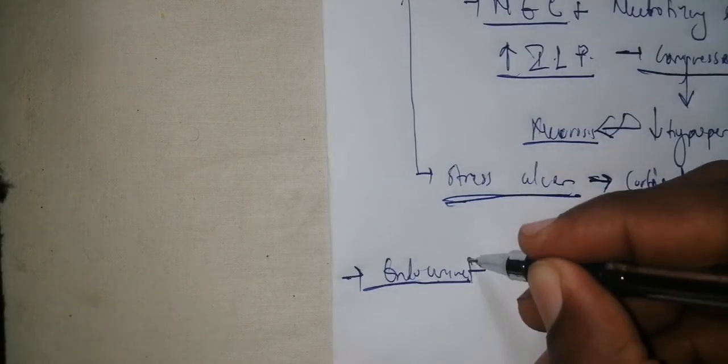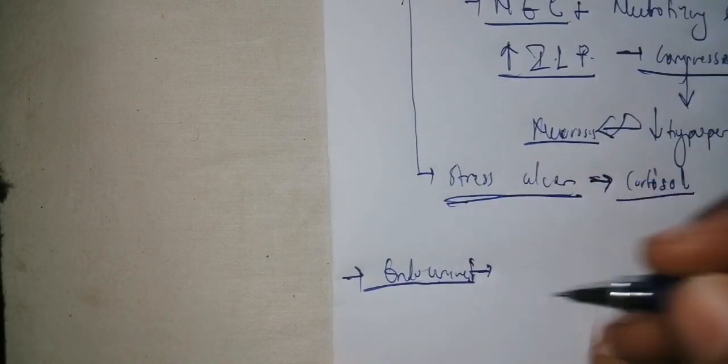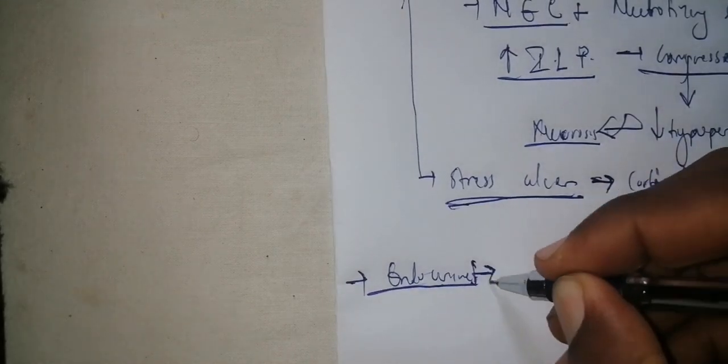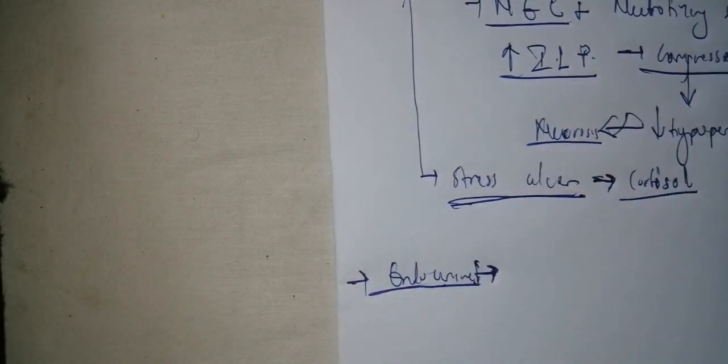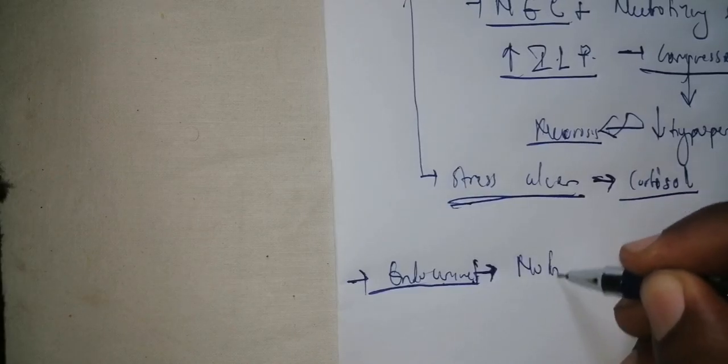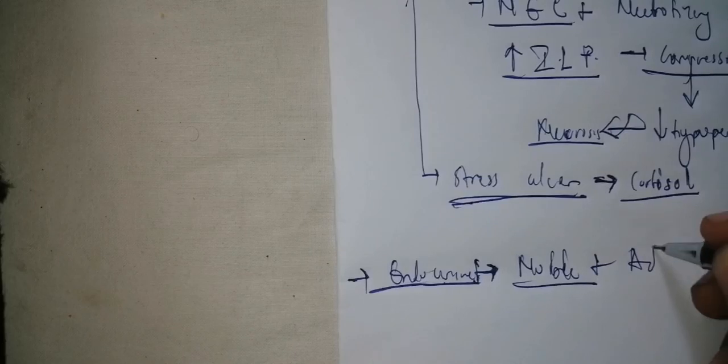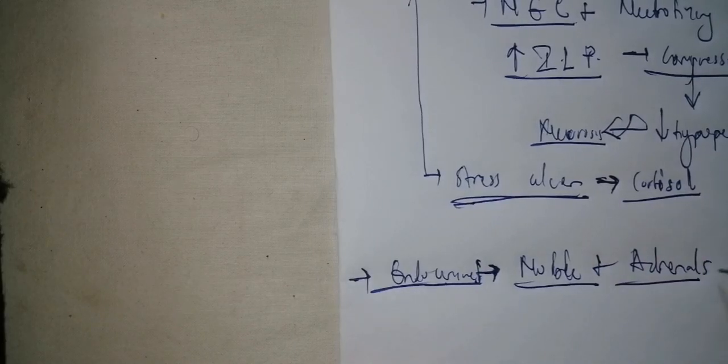Why is there hypercortisolism? I've forgotten to also explain the fact that when there is a compensatory ischemic mechanism, you have to understand that one of the noble organs after the brain, the heart, and the kidney, we have also the adrenals. Is it clear?